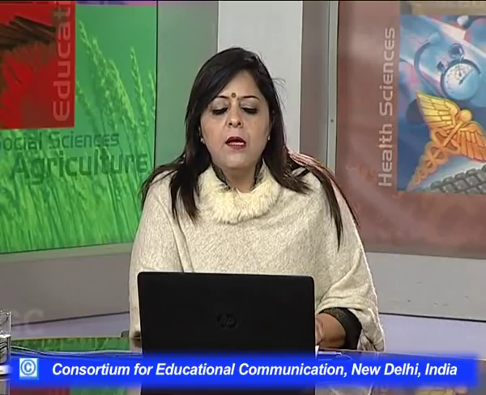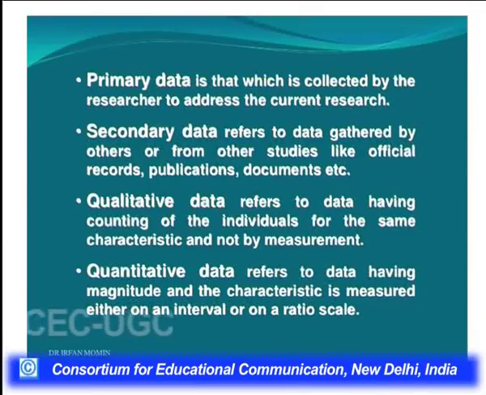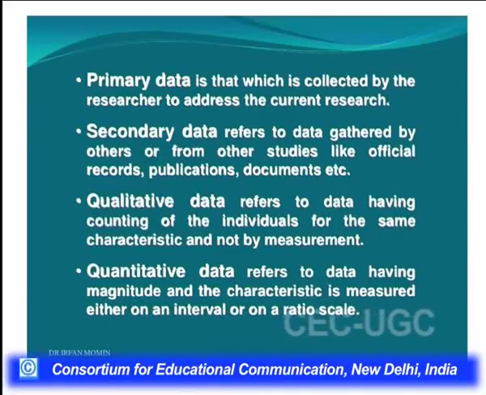Now we have another categorization which is called quantitative and qualitative data. As the name suggests, qualitative data refers to data having the counting of individuals for the same characteristics, and is not measurement. Quantitative data refers to data having magnitude, characteristics, and is measured either on an interval or on a ratio scale.